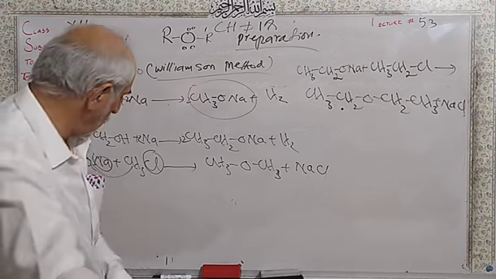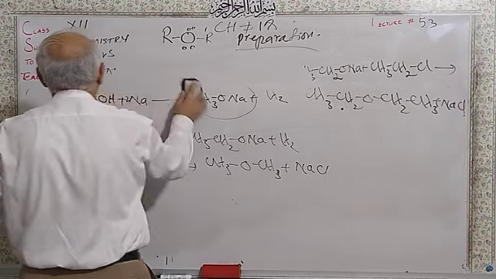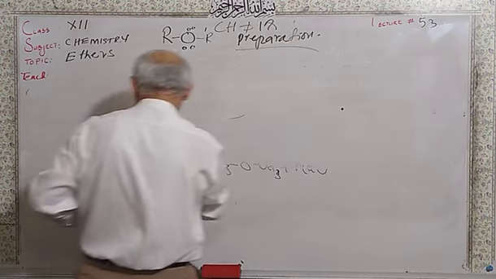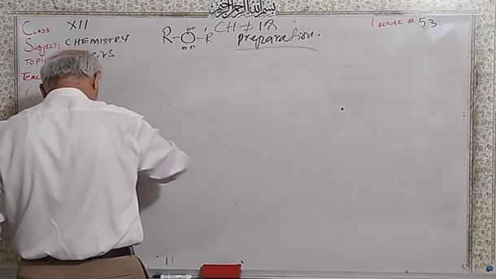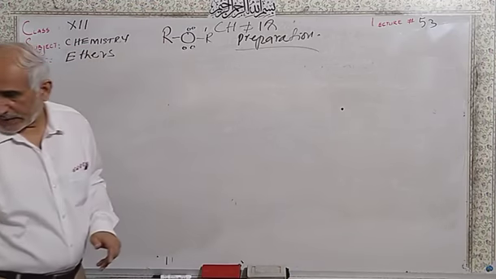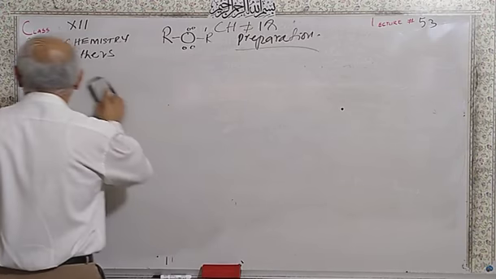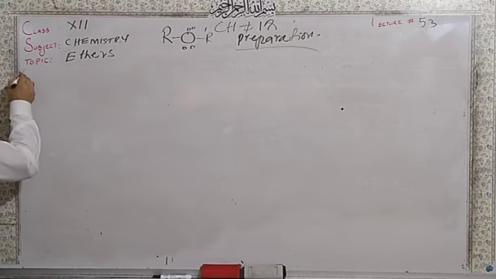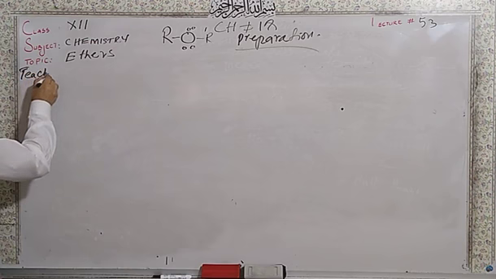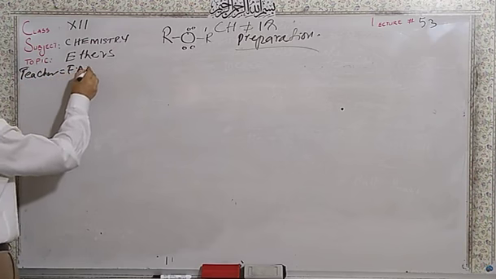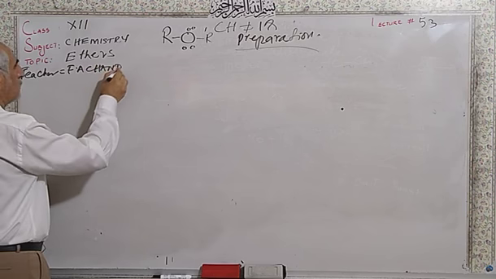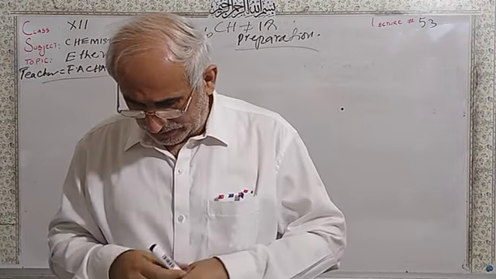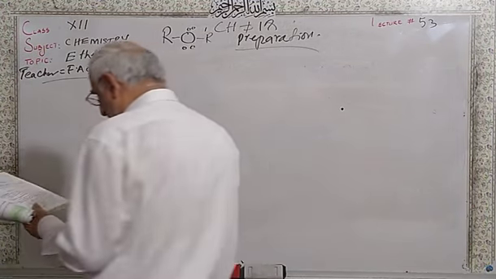Number two, second method is reaction of alkyl halide with silver oxide, dry silver oxide.